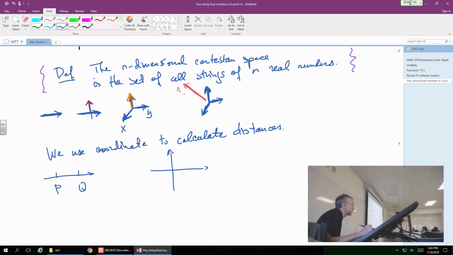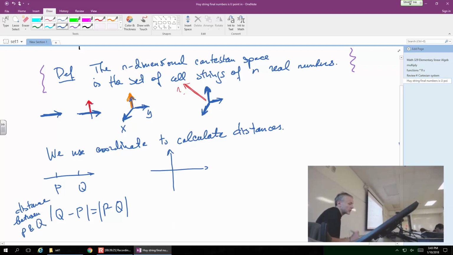Absolute value, right. So it's Q minus P absolute value, which is the same as P minus Q absolute value. Okay, so that's the distance.